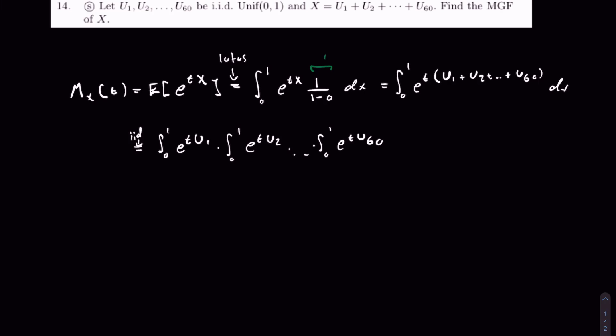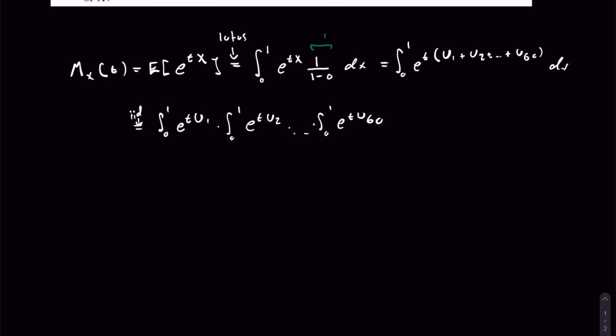Okay, and we ask what is this term. We can evaluate one of these terms, and then we're basically done when we multiply by the factor of those 60 terms. So let's focus on this guy. What is this term?